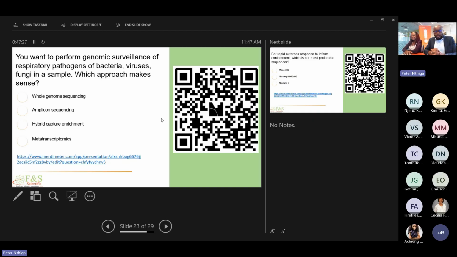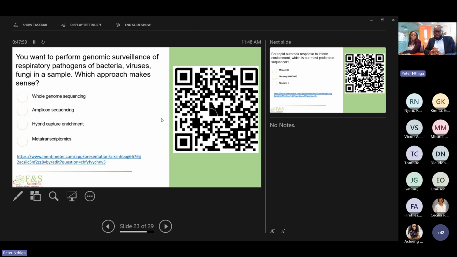Amplicon sequencing, well, it's cost effective if you have the primers, but it can be cumbersome if you're looking at all these things, bacteria, viruses, and fungi. You can imagine how many primers you need to design for all these. So in some scenarios, this will not make a lot of sense if you're looking at so many things at once.